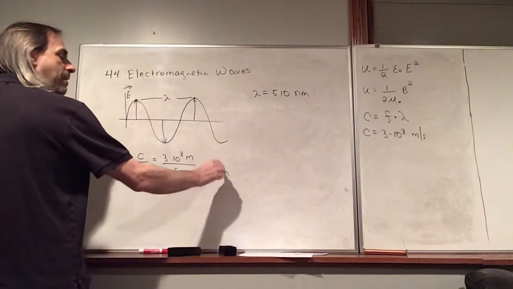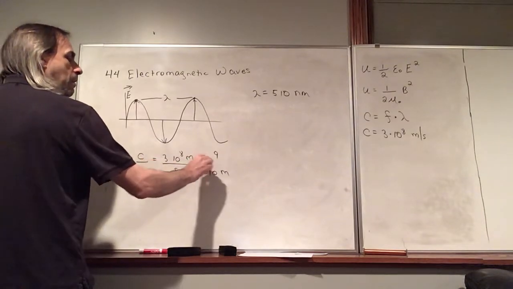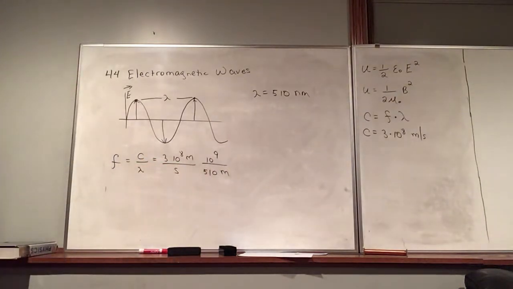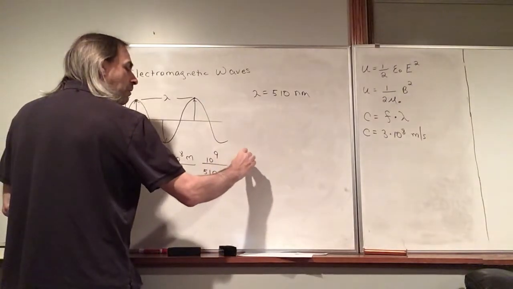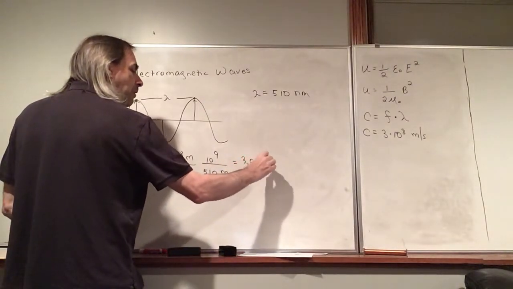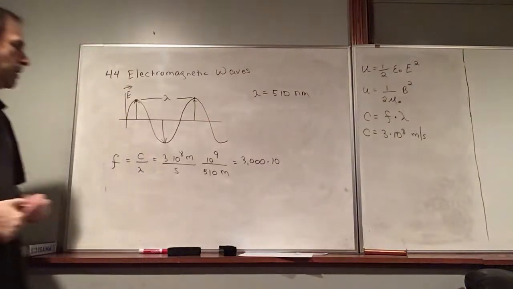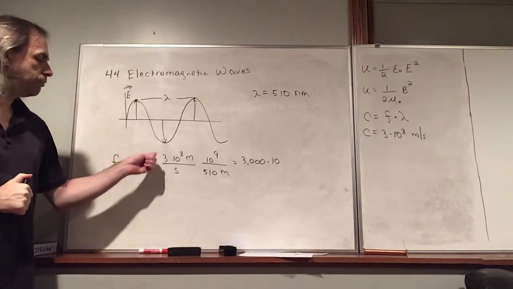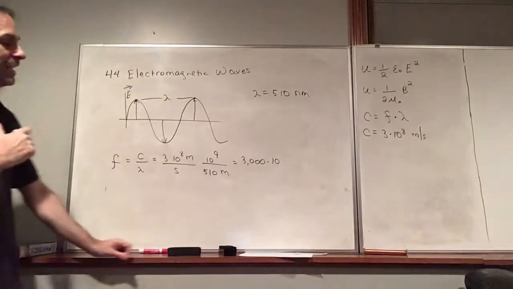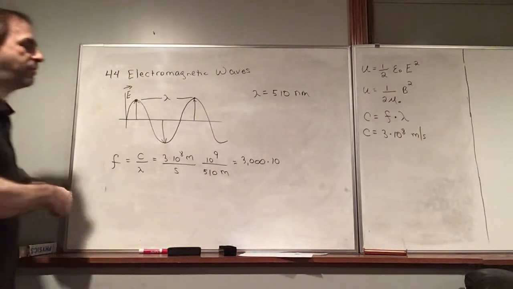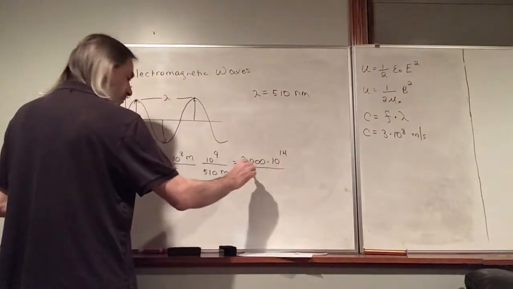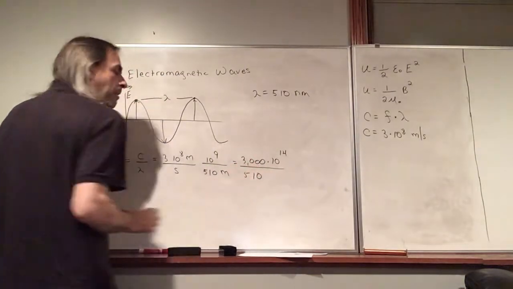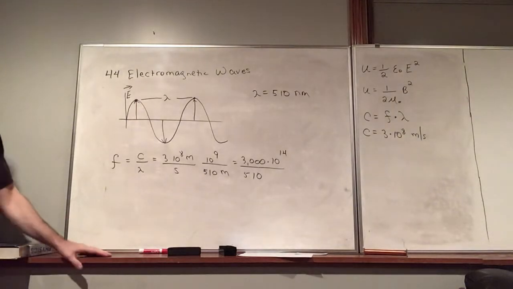Remember, nano is 10 to the minus 9, so we can put that on top, 10 to the 9 on top. And I'm going to say 3,000 on top. So here we have 3 times 10 to the 17th power, but I'm going to say 3,000 times 10 to the 14th power. Same thing, but this is just writing it in scientific notation.